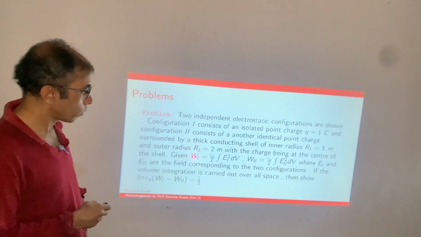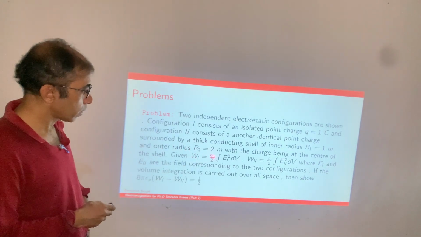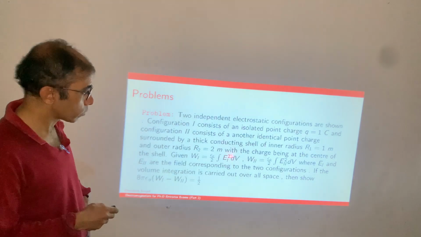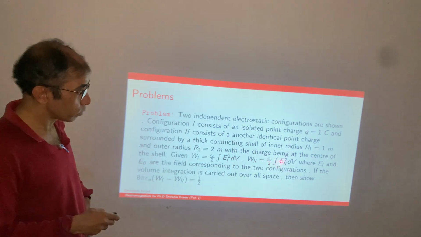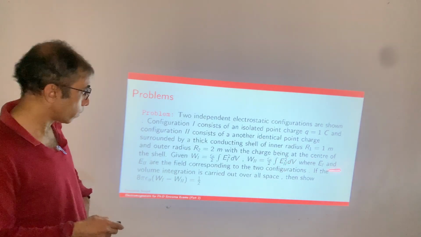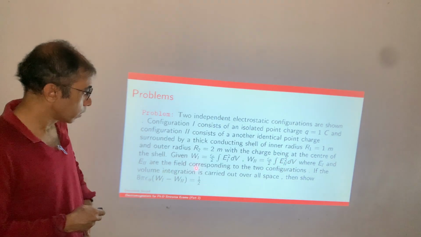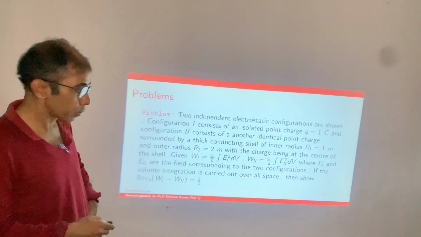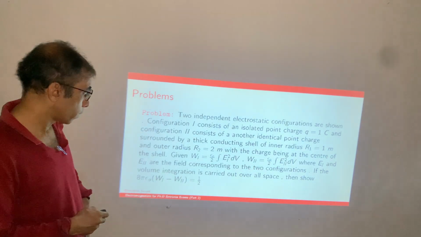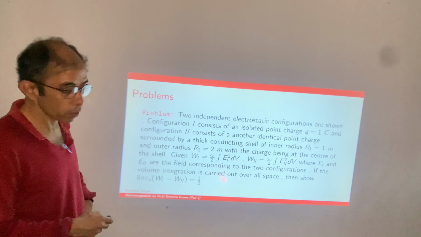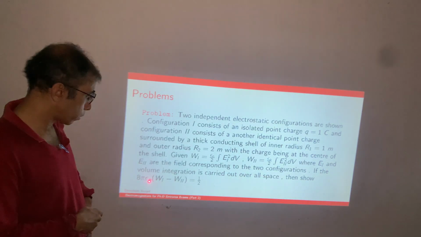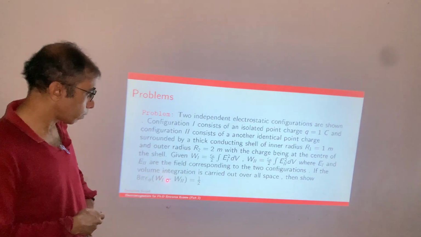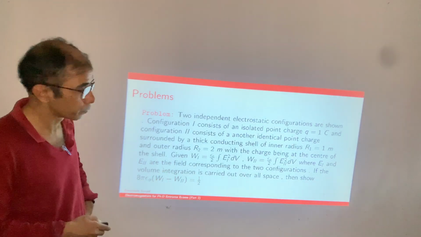So given W1 is equal to epsilon naught by 2 integral of E1 squared dV, and W2 is equal to epsilon naught by 2 integral of E2 squared dV, where E1 and E2 are the fields corresponding to the two configurations. The volume integration is carried out over the whole space. We'll show that 8 pi epsilon naught times (W1 minus W2) is equal to half.